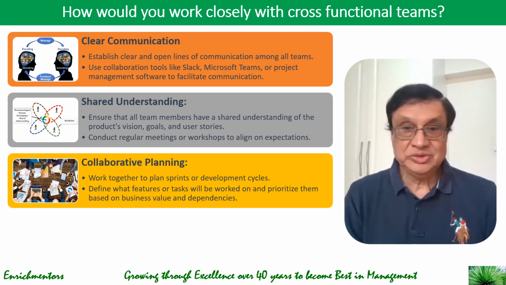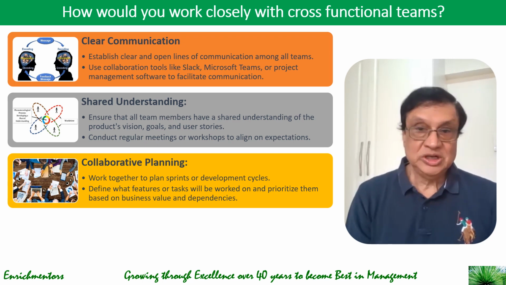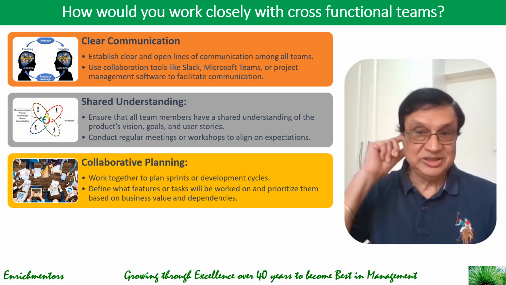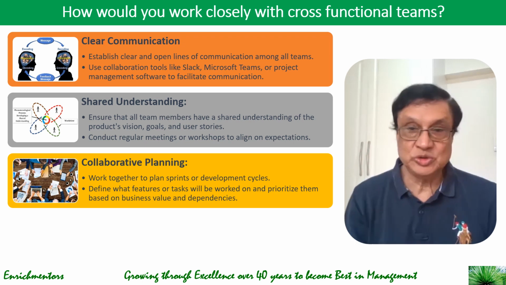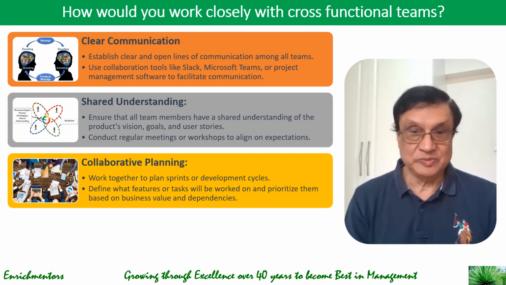The third thing you need to do is to plan collaboratively as a team, and there you need to plan sprints and development cycles. In the agile method, you will have sprints. Now, these sprints could be daily, could be weekly, could be 2 days, 3 days, depending on your time schedule.